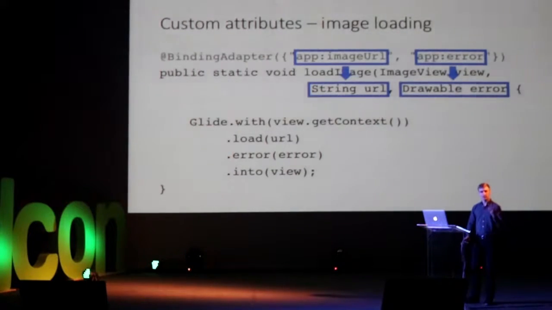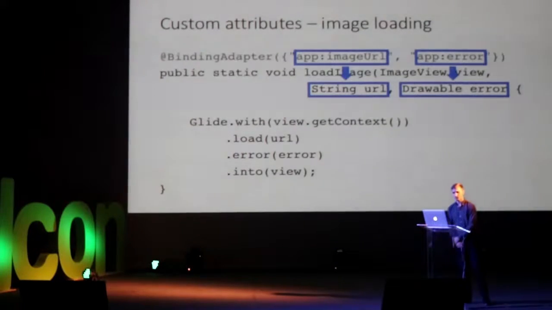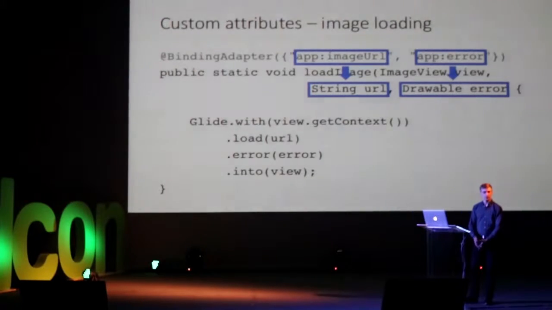The attribute name can be anything. Here I picked image URL and error because those made sense to me. And those map directly to string URL and drawable error. Then it will figure out the type automatically and also make it a bit easier for you in the view to define these things, which is nice. And then here I just use Glide to load the image and show the error drawable if that is necessary.